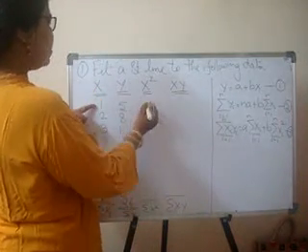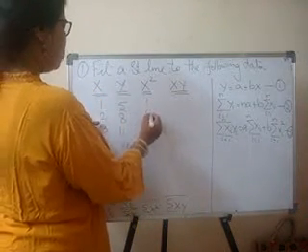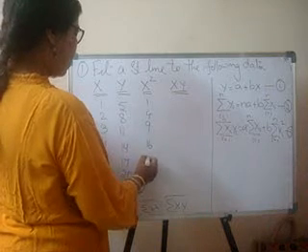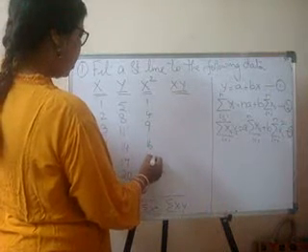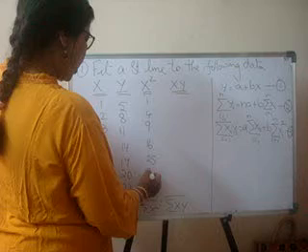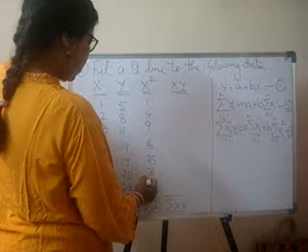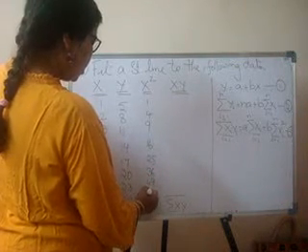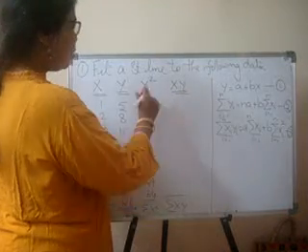Now x square means what? 1 square, 2 square, 3 square, 4 square, 5 square, 6 square, you add up.